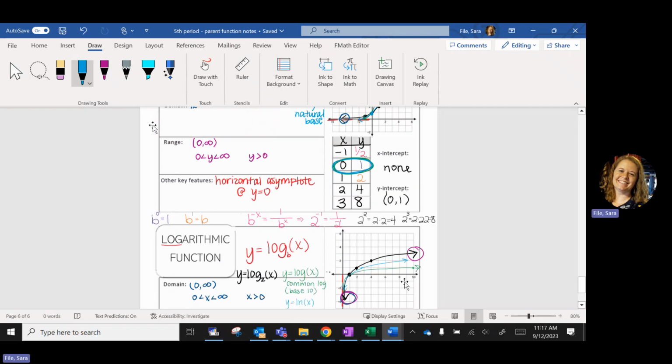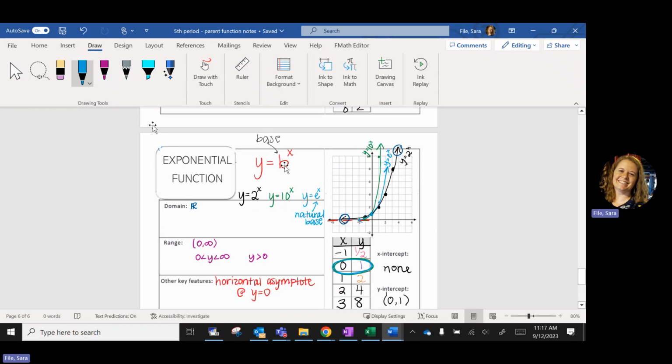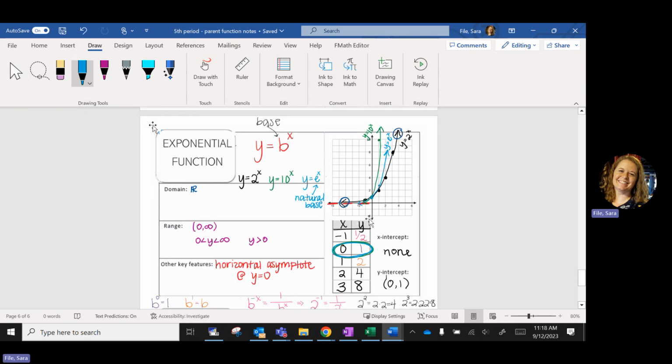Same thing with exponential. It doesn't matter what that base value is, as long as it's not 0, it can't be 0. But any base value is going to give us the same key features. We're still going to have this horizontal asymptote. We're still going to have the same domain and range. We're still going to have the same y-intercept. Does that make sense? Okay.